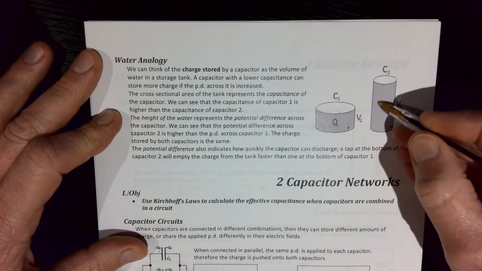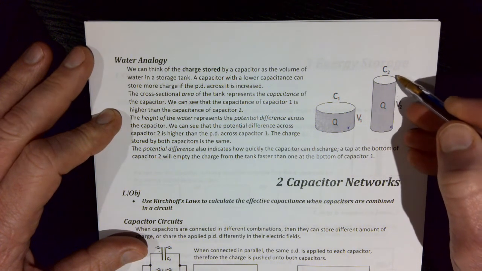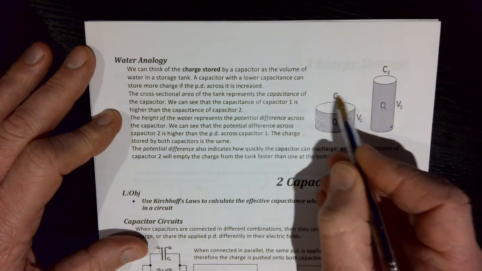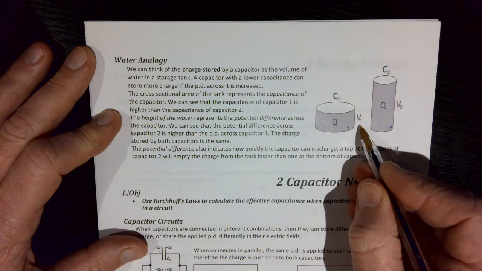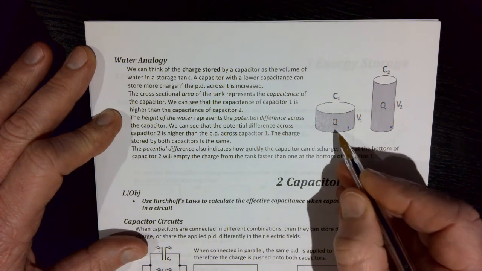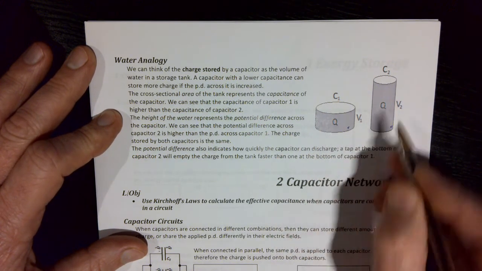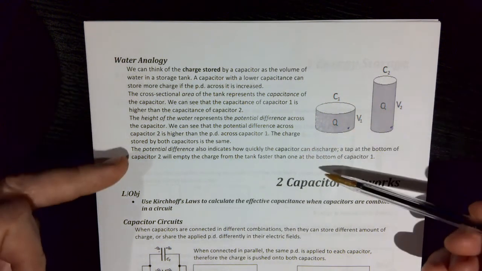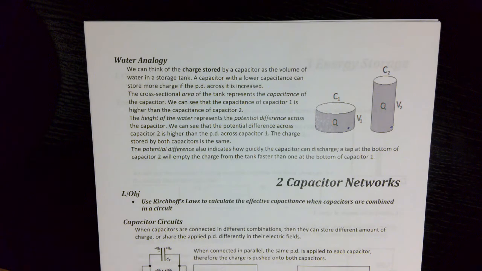So for the same amount of charge, you can either have a small capacity at a large volume, or you can have a large capacity at a small volume. Okay, but both of them will still hold the same amount of charge. Okay, so have a read through here. I think it's quite a nice little analogy, and that is a really big introduction, but really important.